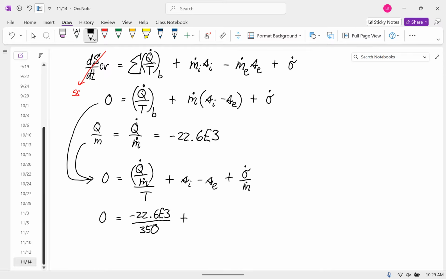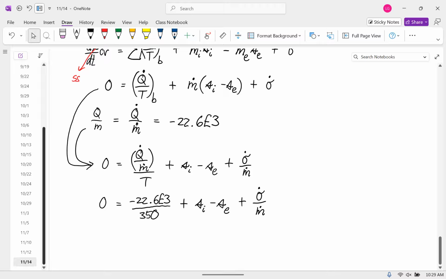And then plus S_i minus S_e, plus sigma dot over m dot. Now we can use the properties we know at the inlet and the exit to calculate that specific entropy.